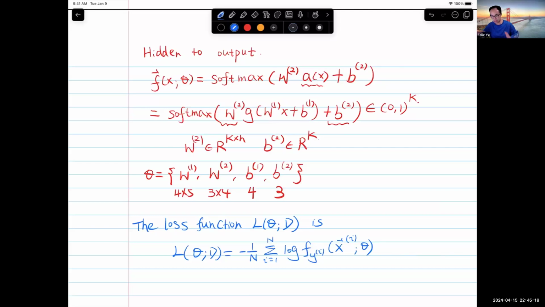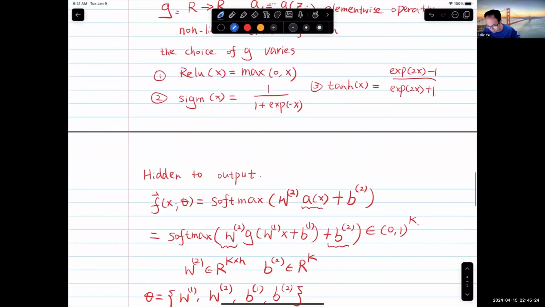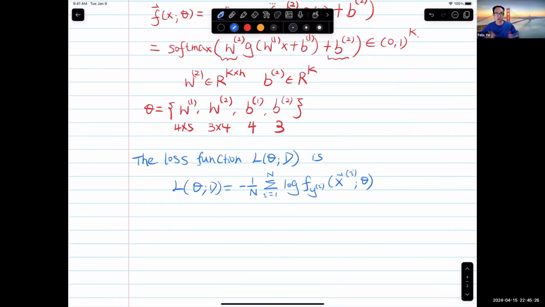You can think about this multi-layer perceptron as a composition of functions. You have a linear layer, then you apply a nonlinear activation, then you apply another linear layer, then you apply a nonlinear activation function.